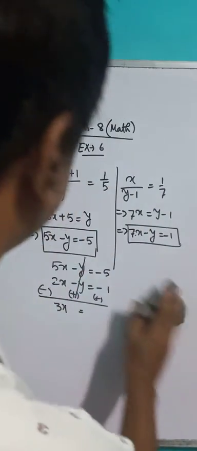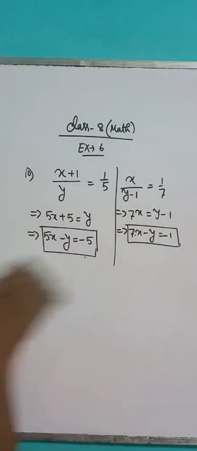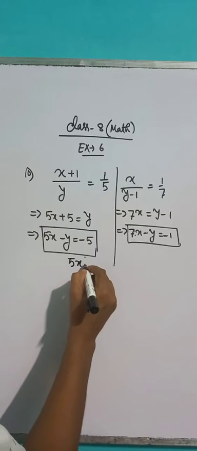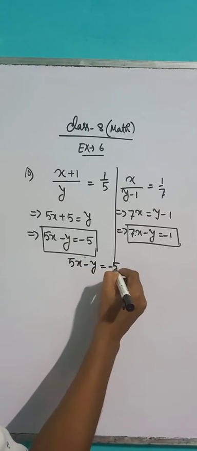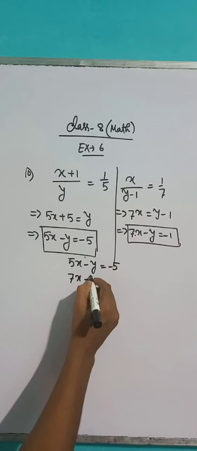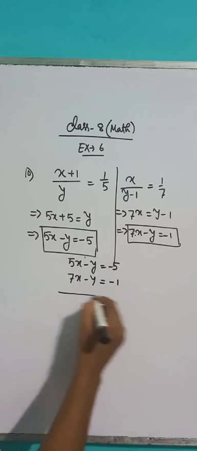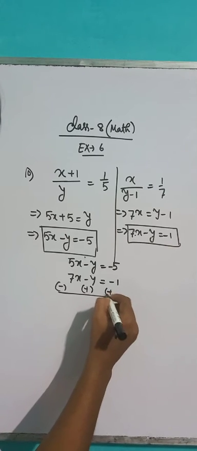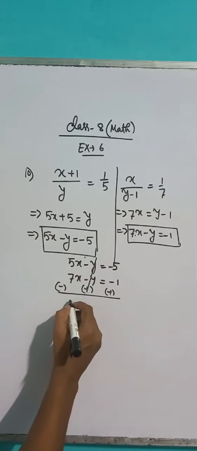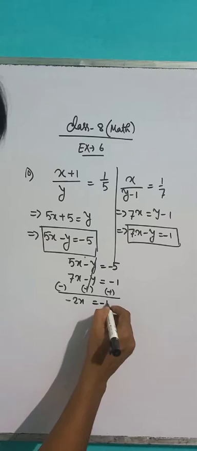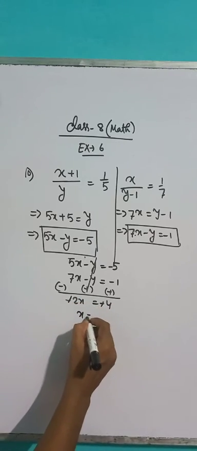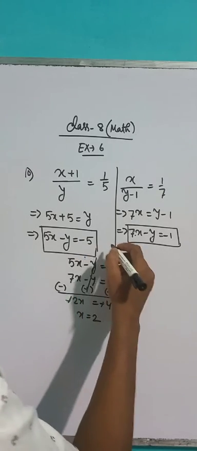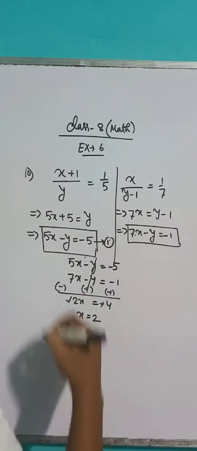Okay, so 7x. 5x minus y is equal to minus 5 and 7x minus y is equal to minus 1. So subtract. It cancels, 2x minus 4, so x value is 2. Whenever you get x value is 2, put it in equation number 1.